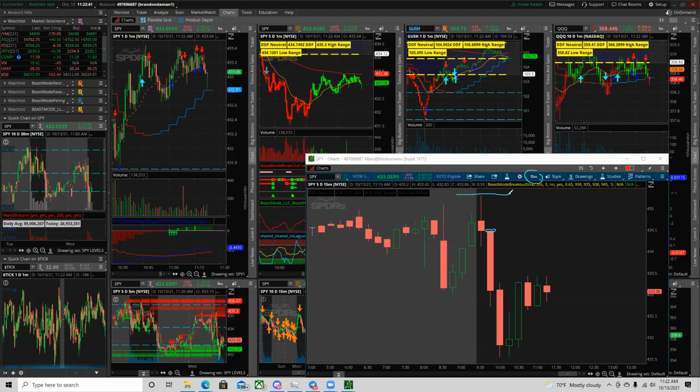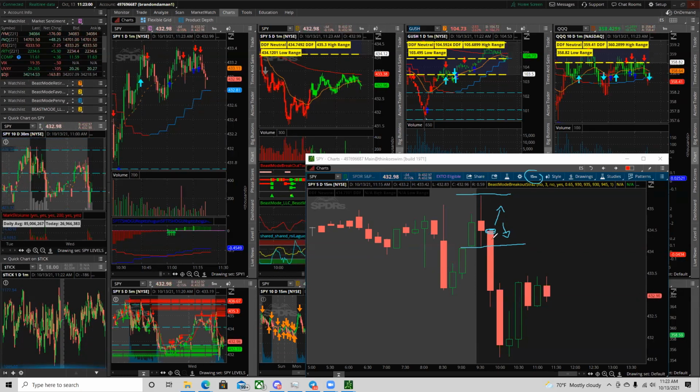I call this the floor trader strategy, but theoretically this would be the ceiling, and this would be the floor. Whatever way it breaks out when this candle opens here, we don't know if it's going to break to the upside or to the downside, so we let price action tell us. The second that it breaks one of these levels, you have high probabilities in that direction.